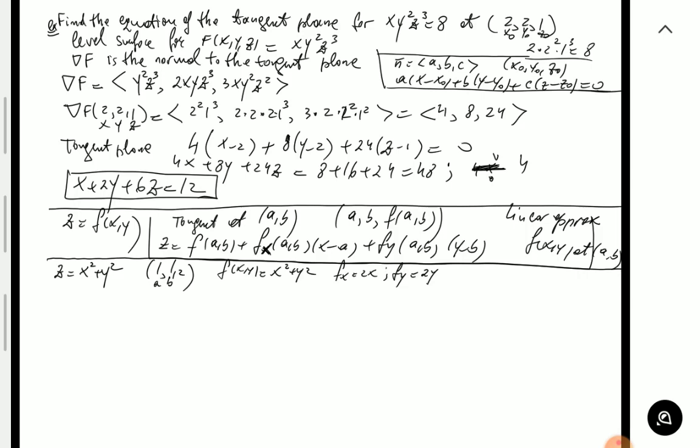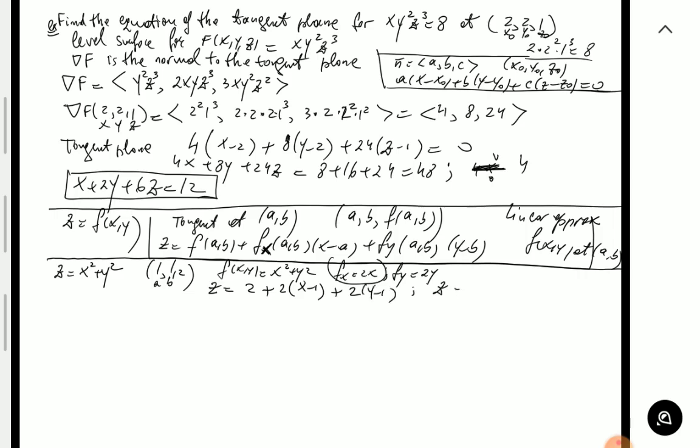And then we're going to evaluate this at the point in question. So therefore the tangent is going to be f(a, b), that's 2, plus partial x at the point (1, 1), that's really 2 times 1, times the quantity x minus 1, plus partial y at (1, 1), which is again 2, times y minus 1.